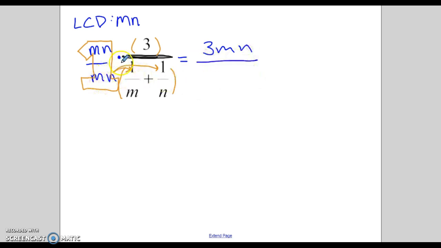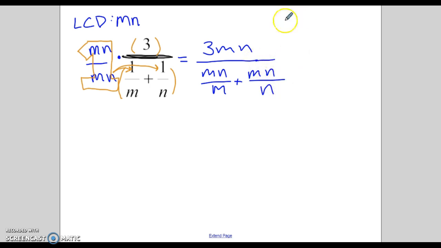Then when I multiply mn by 1 over m, you multiply the numerator by the numerator of this little fraction, and the denominator stays the same. That's how you multiply a whole number by a fraction. And then I'm also going to multiply mn by this fraction 1 over n, so the top becomes mn, and the denominator is still n.